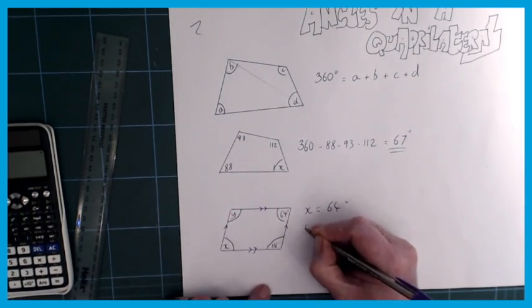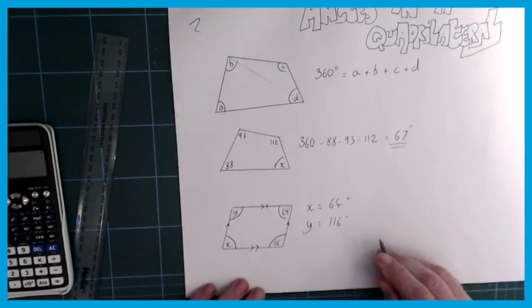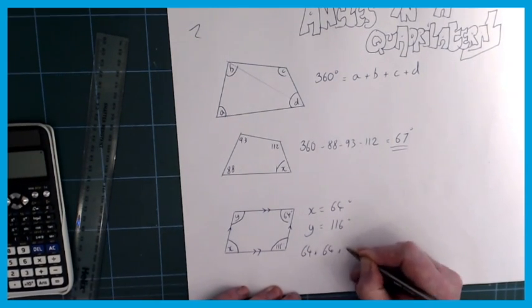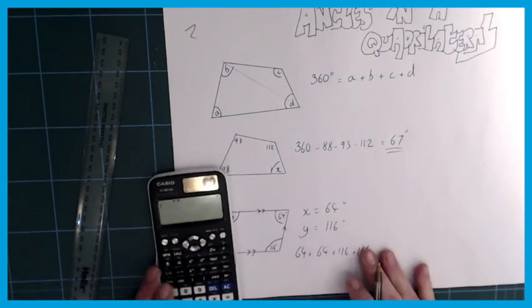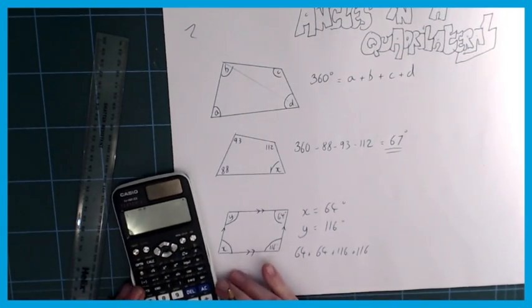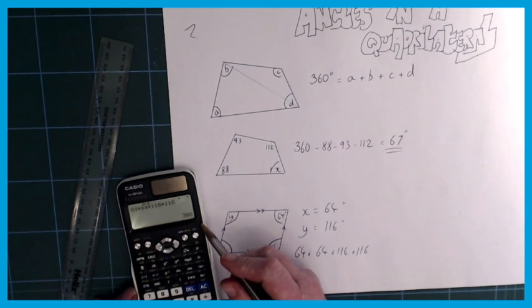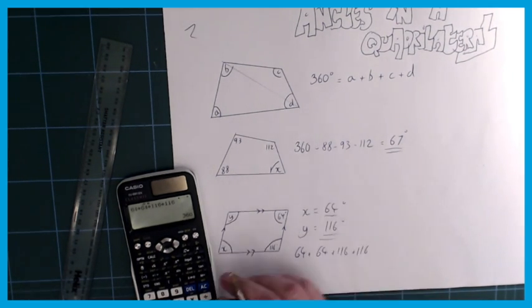And if that's 116, that's 116 here. Let's have a go at this then. Let's go for 64 plus 64 plus 116 plus 116, and that should equal 360. So 360 is correct, so these are correct answers.